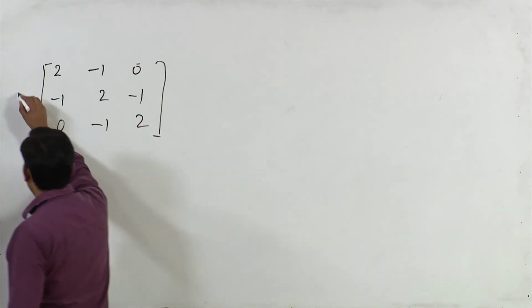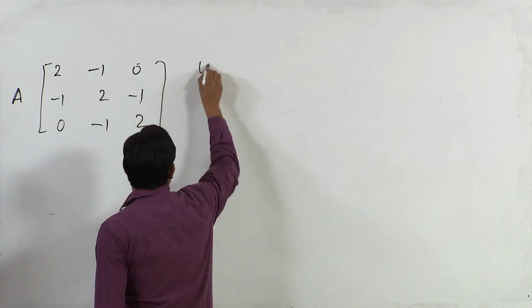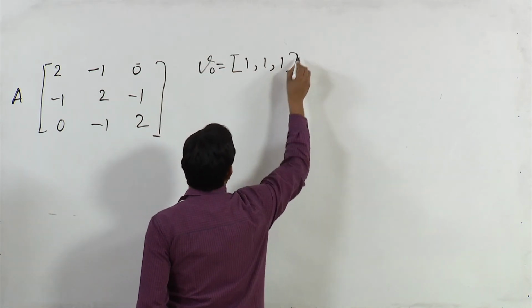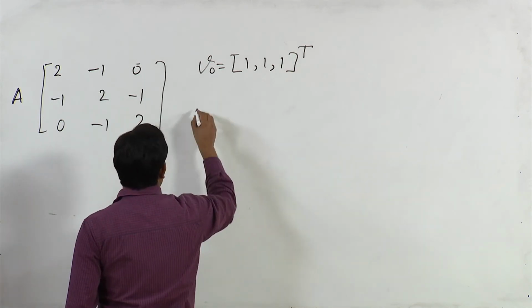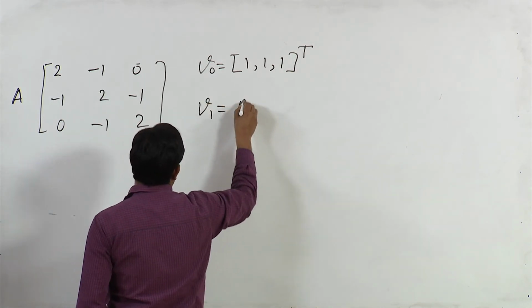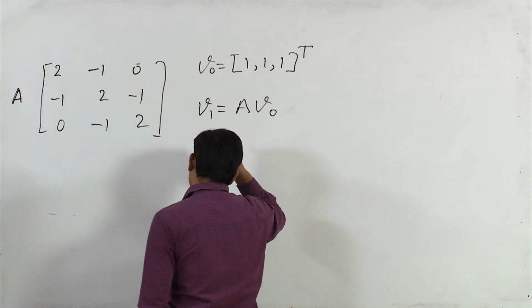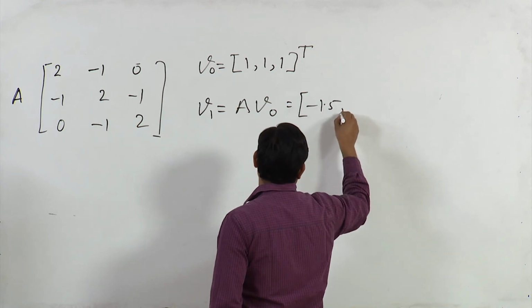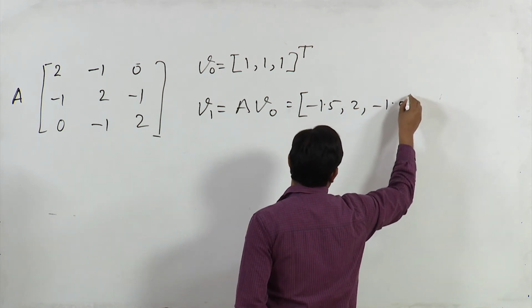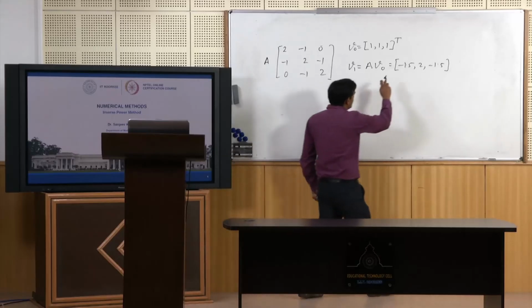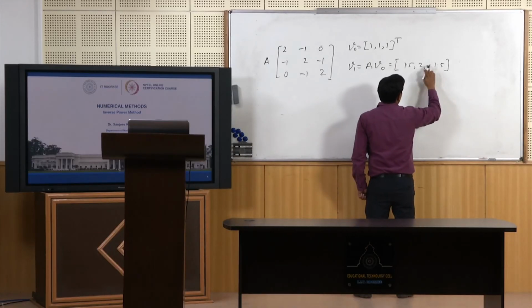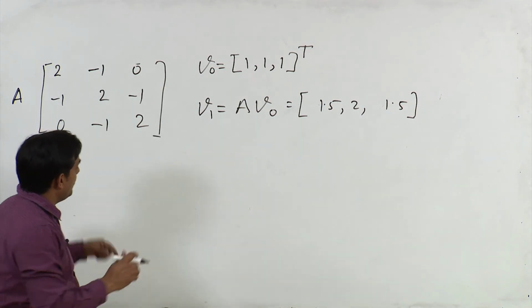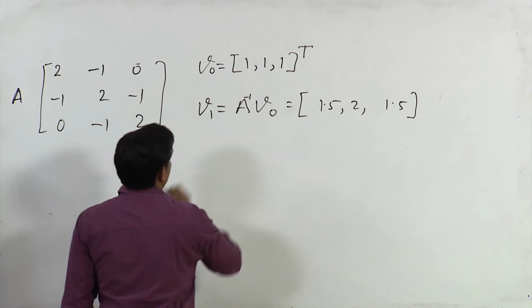So, this is A, V naught is 1 1 1 transpose, and I am finding V1 as A into V0, which is coming 1.5 2 1.5, I think. Now, here what I am doing, sorry, it is A inverse into V0.